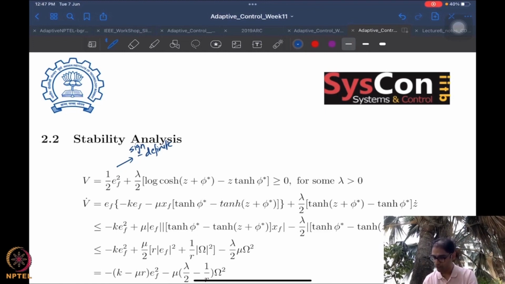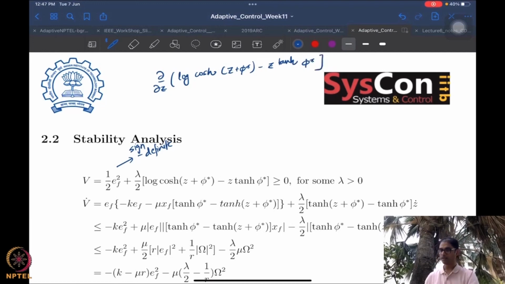So what we will do is take the partial of log cosh of z plus phi star minus z tanh phi star.